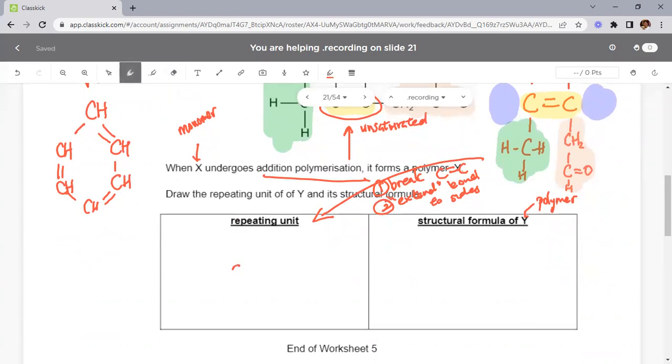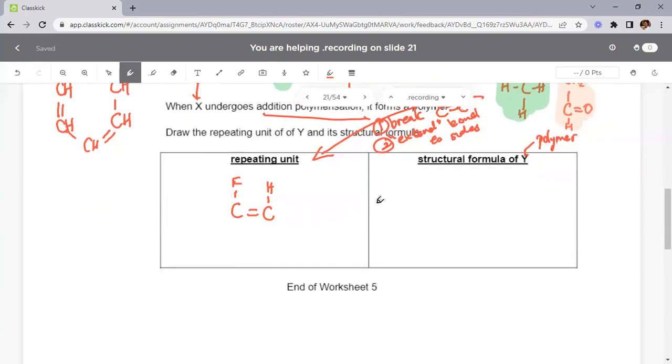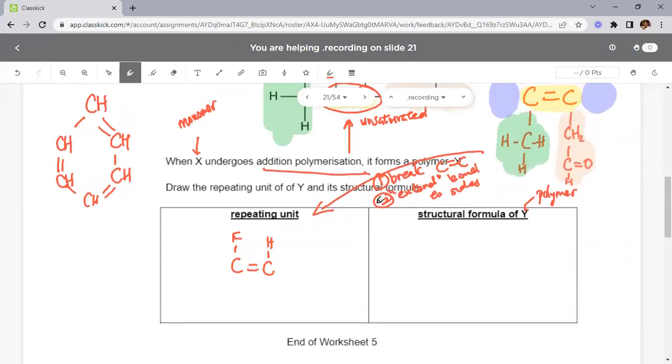Then I'm going to draw that whole chunk here again. Okay, I'm going to condense the whole thing here. So this is actually a CH3, so I'm going to put a CH3 at the bottom. I'm going to condense this whole thing here. This is going to be a CH2. Okay, this is going to be a CHO.